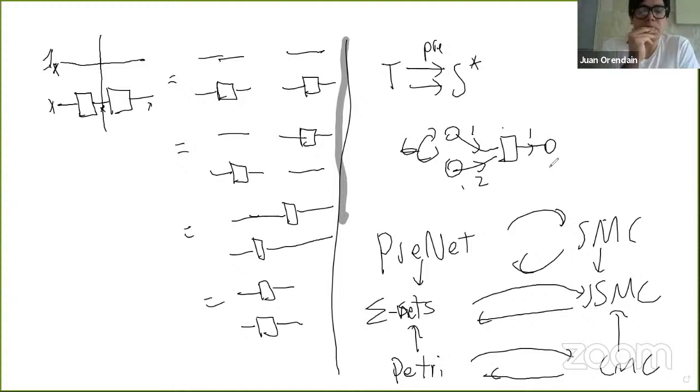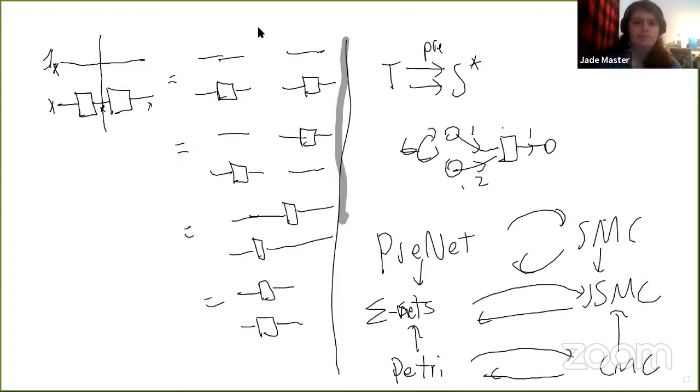So, oh, sorry, is this related to, so Joe talked about network models last week. Are sigma nets related to network models in some way? Let me try to remember the definition of a sigma net.